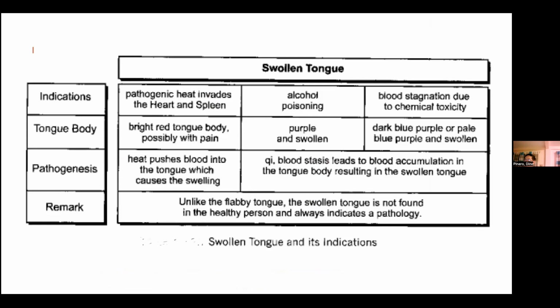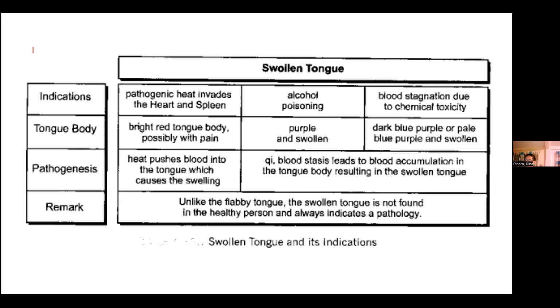And yung isa is blood stagnation due to chemical toxicity. Ang tongue body has a dark blue-purple or pale blue-purple and swollen. Ang pathogenesis, qi and blood stasis lead to blood accumulation in the tongue body resulting in the swollen tongue.